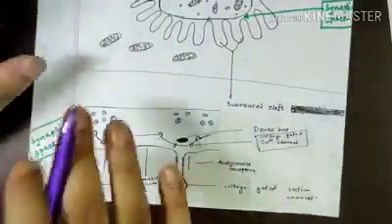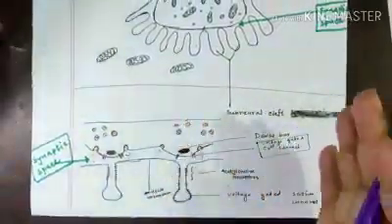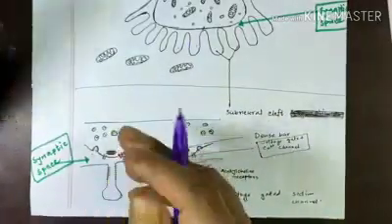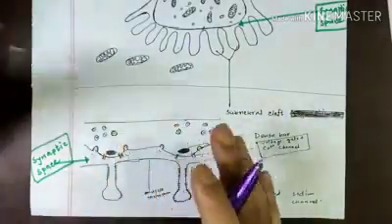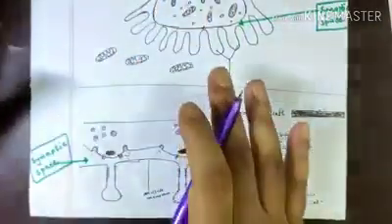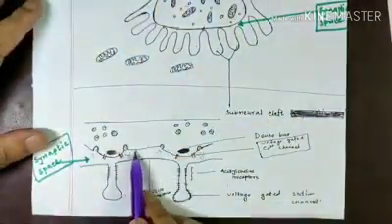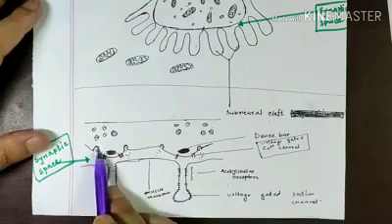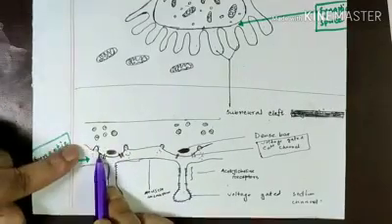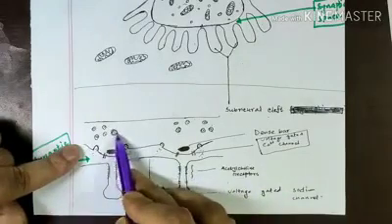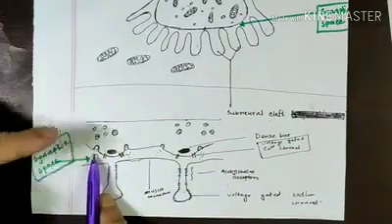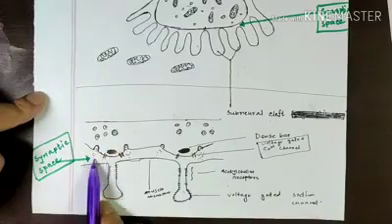Then this calcium ion is believed to cause an attractive influence over the synaptic vesicles. Then the synaptic vesicles coalesce with each other and fuse with the neuronal membrane over here. These vesicles are fused here, and by a process of exocytosis, they release their content.